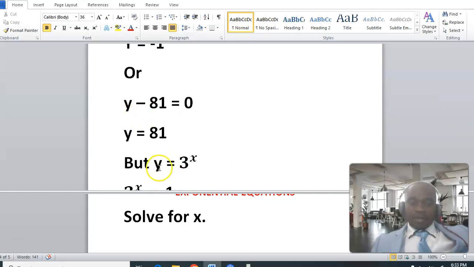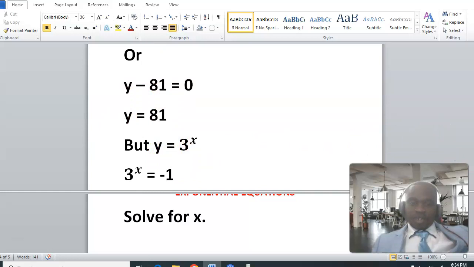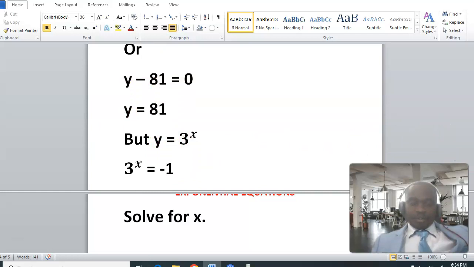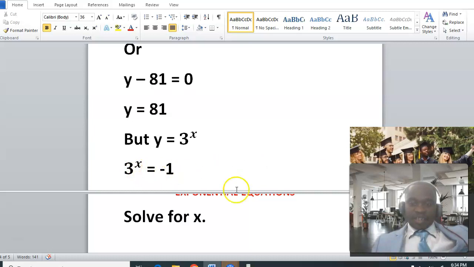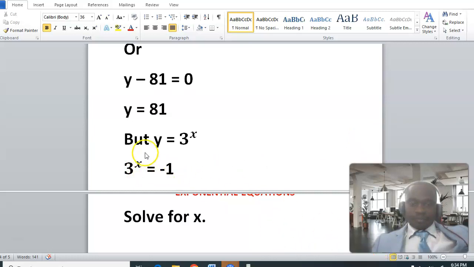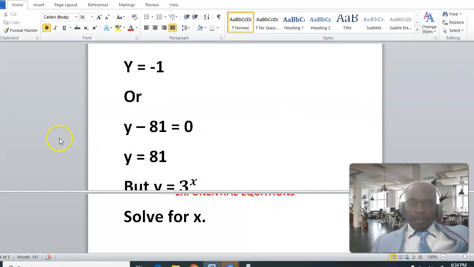We know that y is equals to 3 exponent x. So 3 exponent x is equals to negative 1. Remember y here is negative 1. So here, instead of writing y, we say 3 exponent x is equals to what?